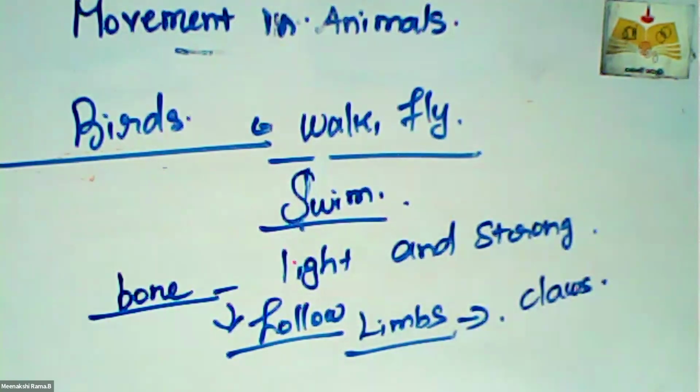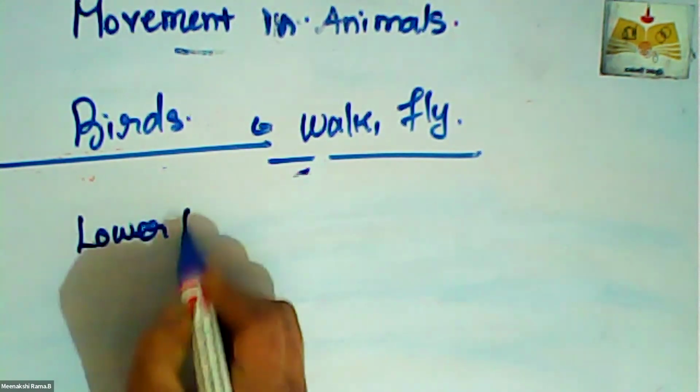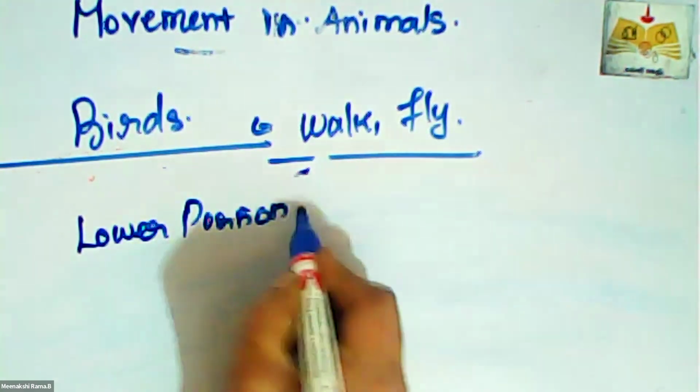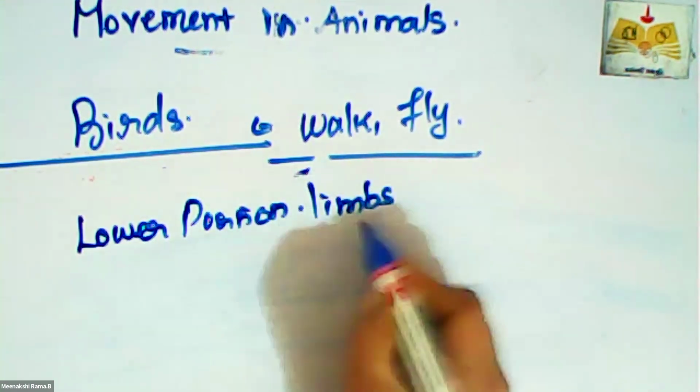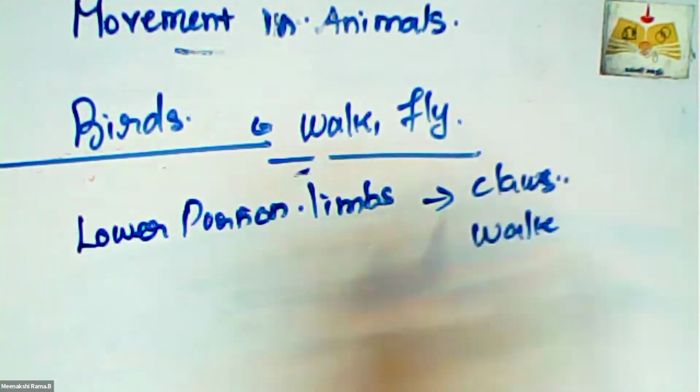Claws help them to walk and then perch. So the first feature is that the lower portion of the limbs is modified into claws.